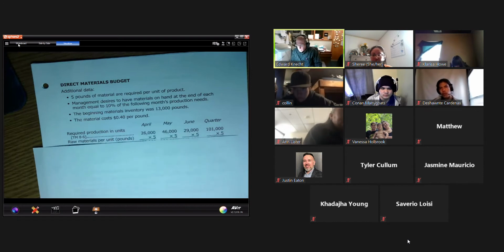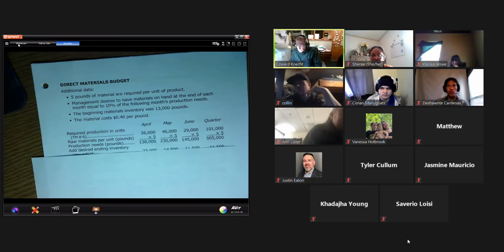The raw materials per unit, we need 5 pounds. We multiply 5 times the units that are required in production to get the total pounds needed. We're going to add the ending inventory, and we're going to get our total needs. We're going to subtract the beginning inventory.